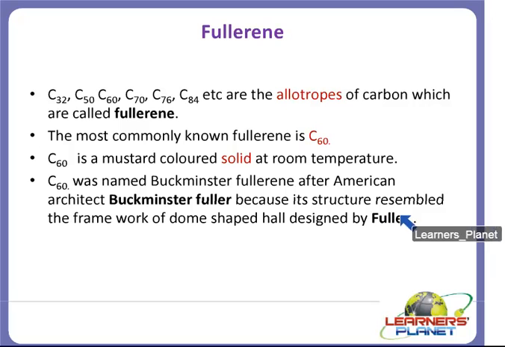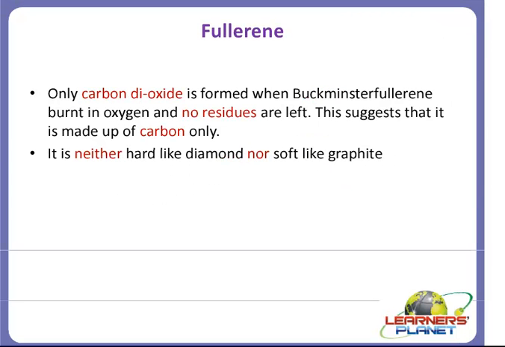Because its structure resembled the framework of a dome-shaped hall designed by Fuller. So Fuller designed a dome-shaped hall, and the structure of that hall resembles your structure of C60. So that is why C60 is called as what? Buckminster Fullerene. Let's take up its structure.